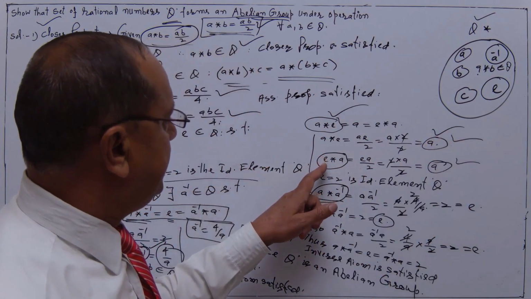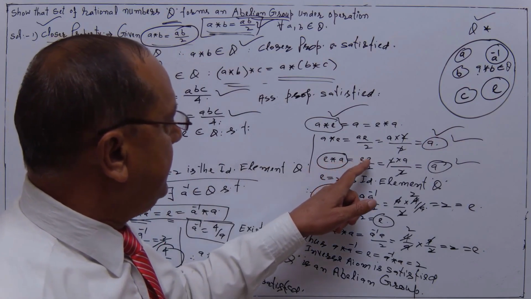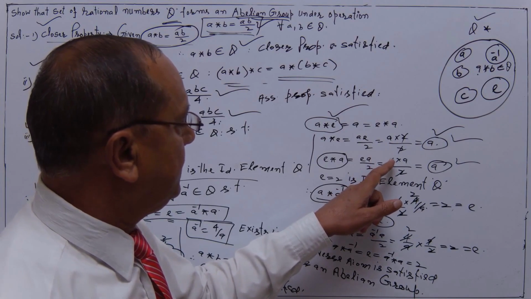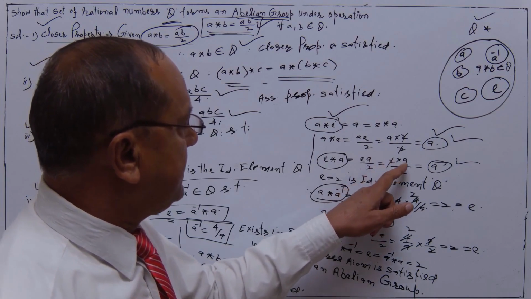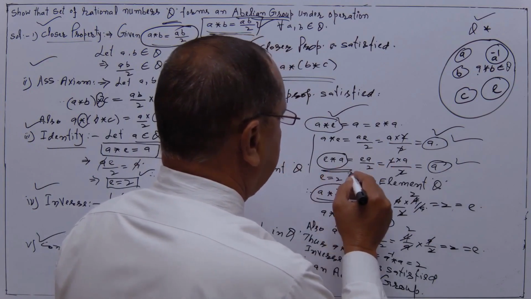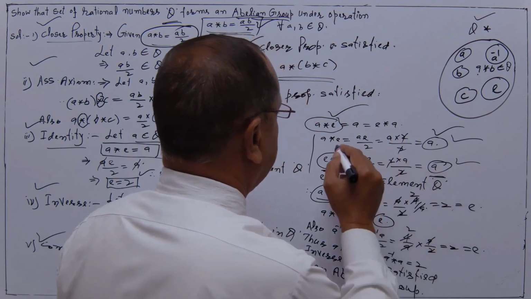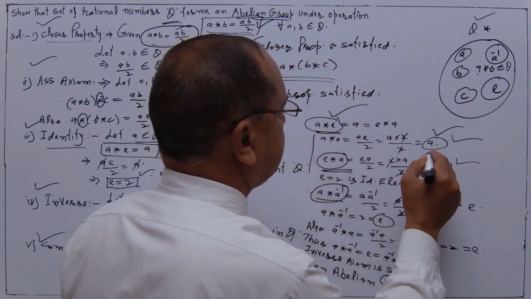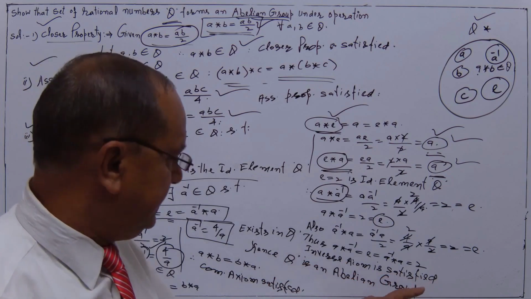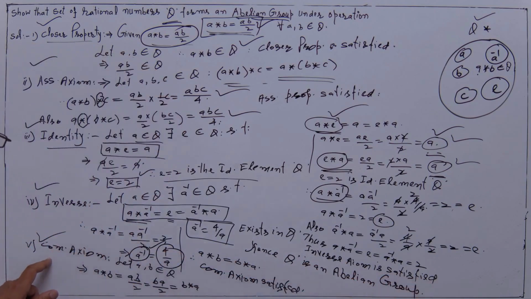Second, e star a is ea upon 2, e is equal to 2, 2 and 2 cancel, and again a. It means e star a is equal to a star e is also equal to a. The inverse property is satisfied.